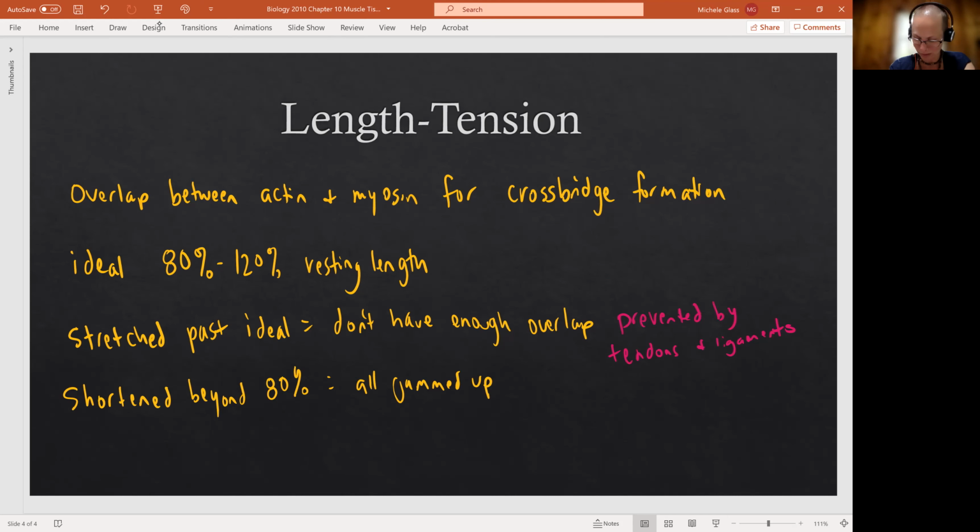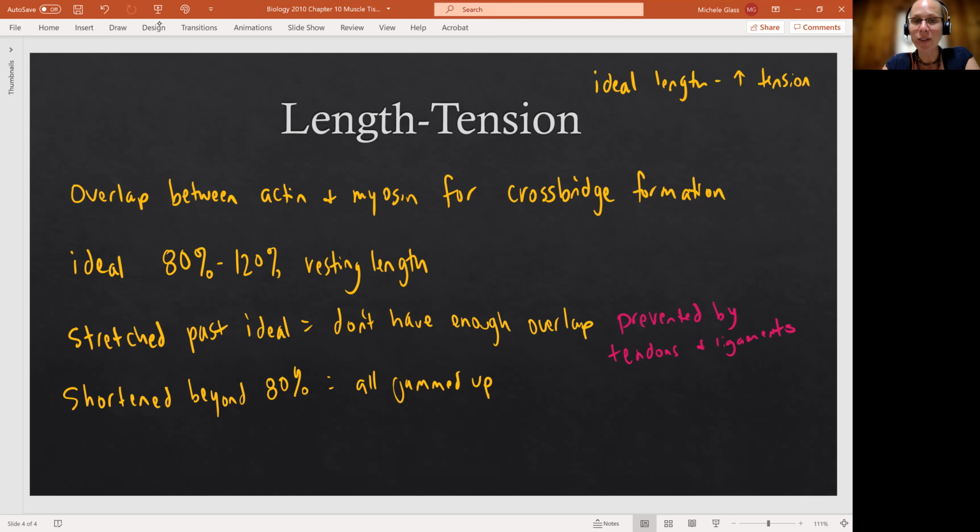So you really start to have a whole lot of problem. You have nowhere for them to slide. So what we see with the length tension relationship is if you're at your ideal length, you're going to get your maximum tension. If you're overstretched or understretched, too much or too little overlap, you're going to see problems in establishing the tension.